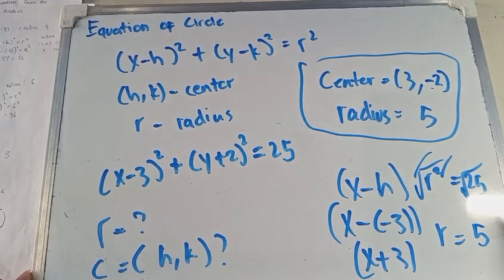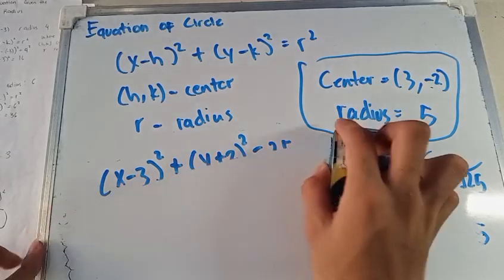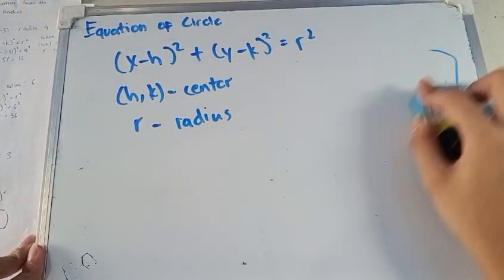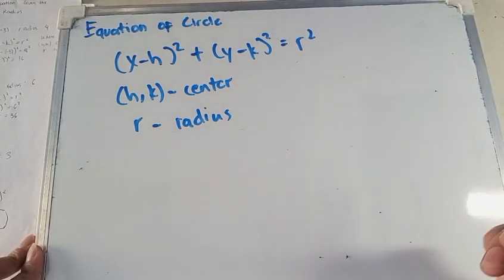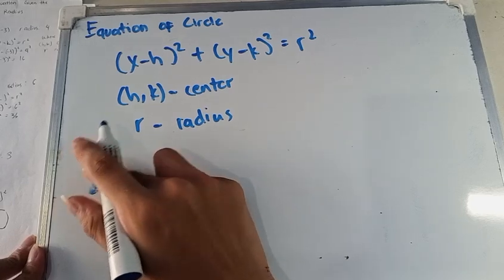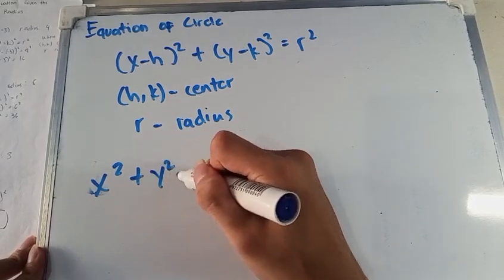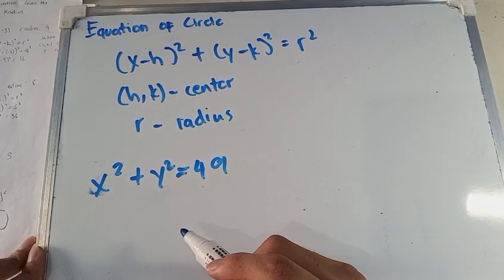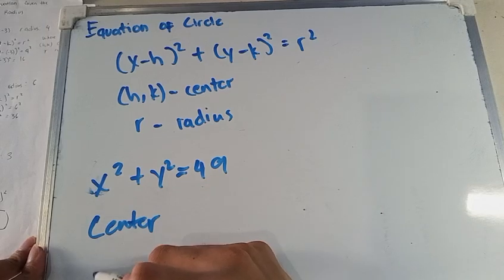Now, let's follow with the next example. For example, we have here x squared plus y squared equals 49. How do we find its center and radius?